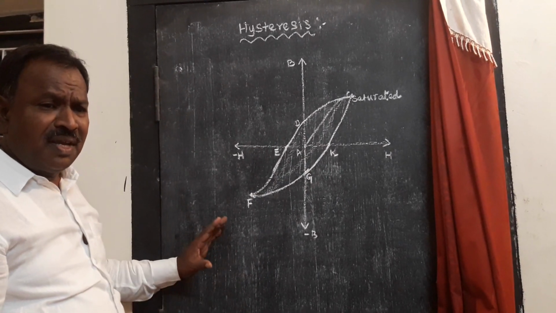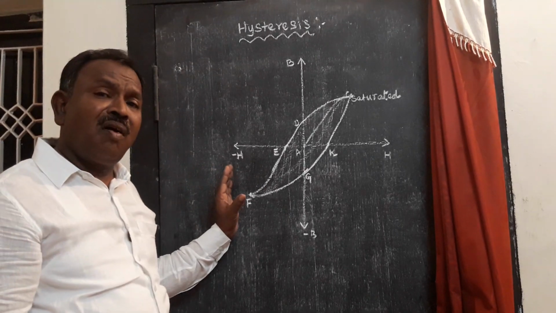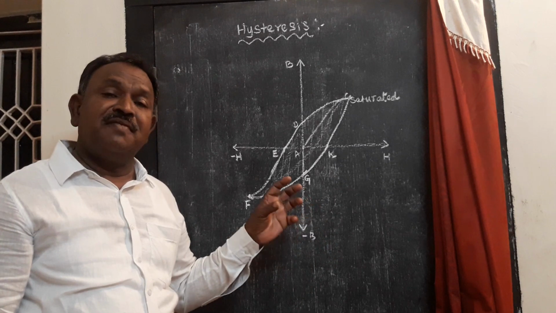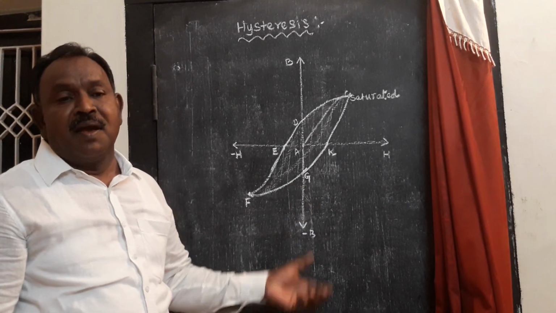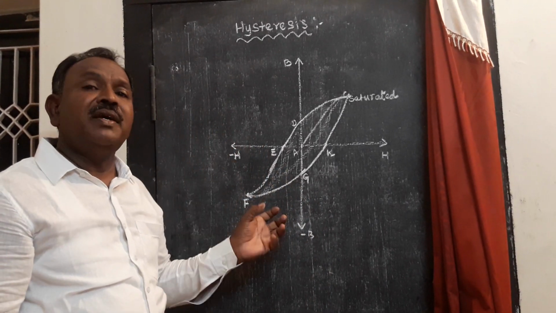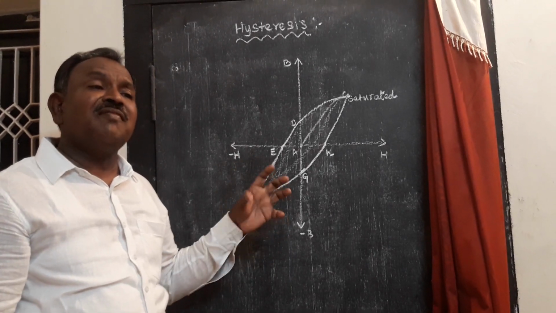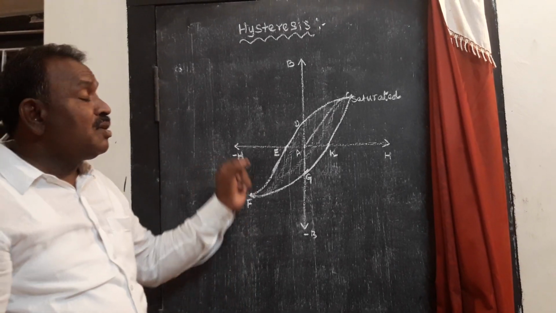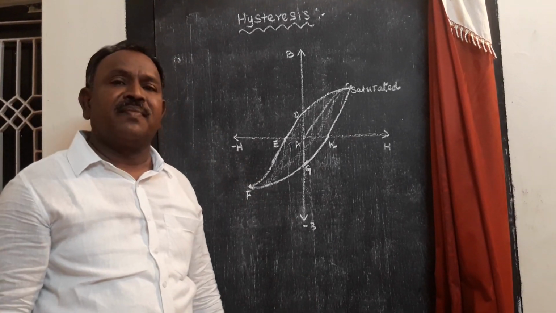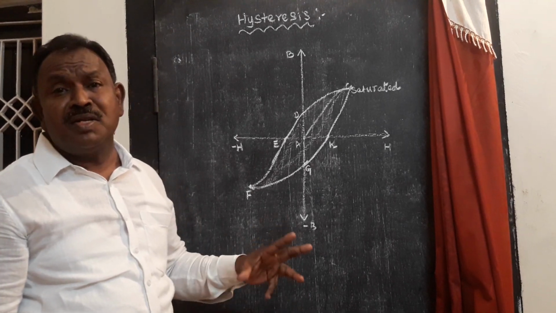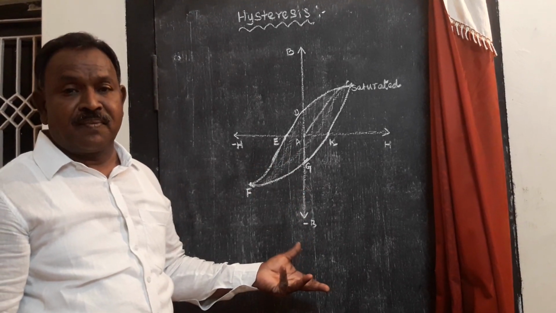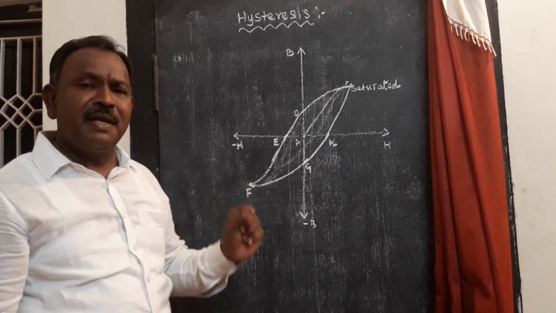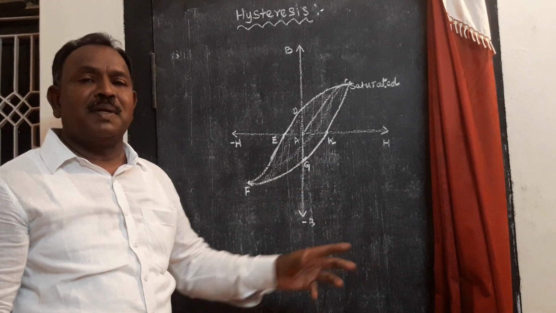So when we study the hysteresis loop of several magnetic materials, especially ferromagnetic materials, we can get knowledge about the loss of magnetic energy when that material is taken through a cycle of magnetization. From the knowledge of the hysteresis loss, we can select suitable magnetic material for suitable purpose.